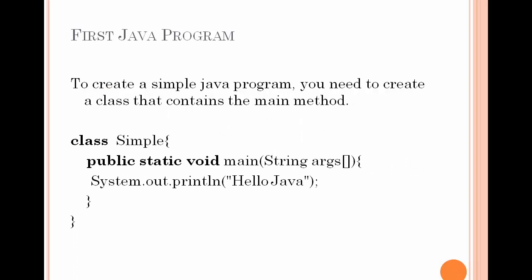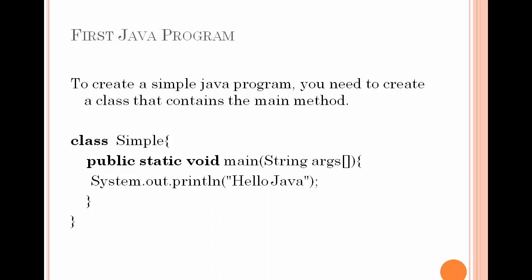So first, the Java program. In order to create a Java program, you need a class that contains a main method. So class Simple. The class name in Java should have its first letter as a capital letter. These are naming conventions; we will look into them in future classes.